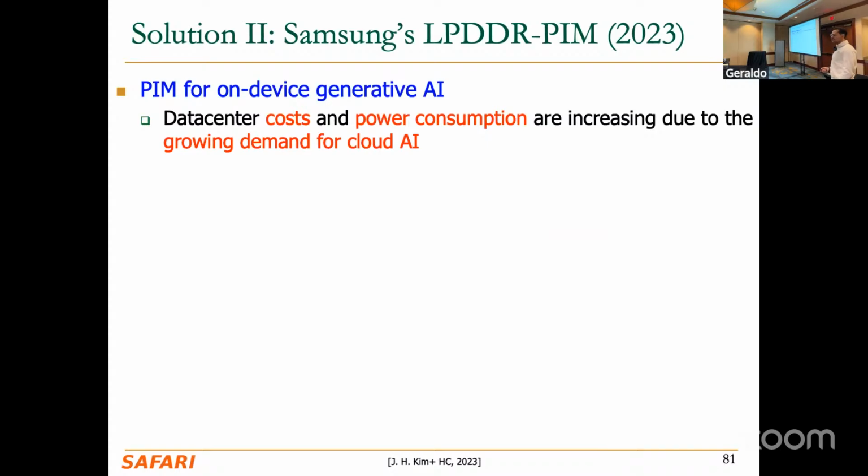The other solution that they proposed in that Hot Chips presentation was, instead of using HBM chips, using low power DRAM chips for on-device inference, for your phone, for example.